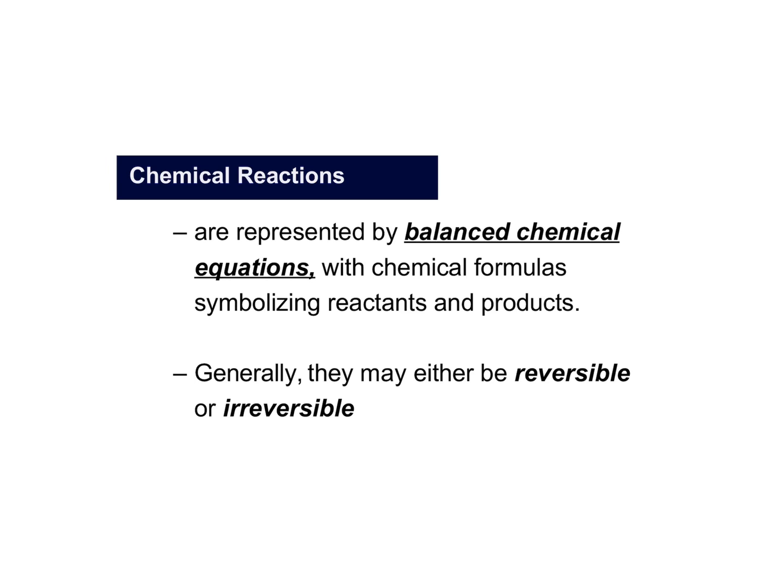And of course, chemical reactions are represented by balanced chemical equations, the ones that we have discussed earlier, with chemical formulas symbolizing reactants and the products. Generally, they may either be reversible or irreversible.